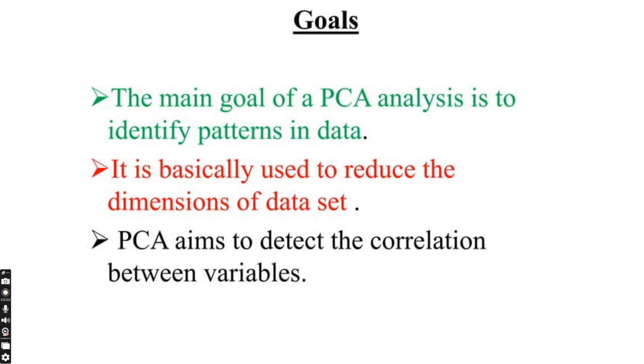PCA aims to detect the correlation between the variables. What is the correlation between the data, between the variables? Those are the main goals. These three goals are achieved by the PCA. First one is identifying patterns. Second one is reducing the dimension. Third one is detecting the correlation between the variables.